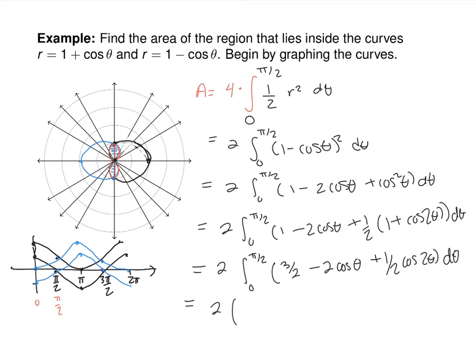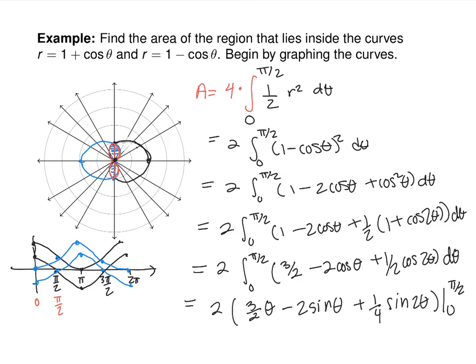Okay, so the antiderivative of 3/2 will be 3/2 theta. The antiderivative of 2 cosine theta will be minus 2 sine of theta, and then we'll have plus 1/4 sine of 2 theta from 0 to pi halves. And now let's input our bounds.